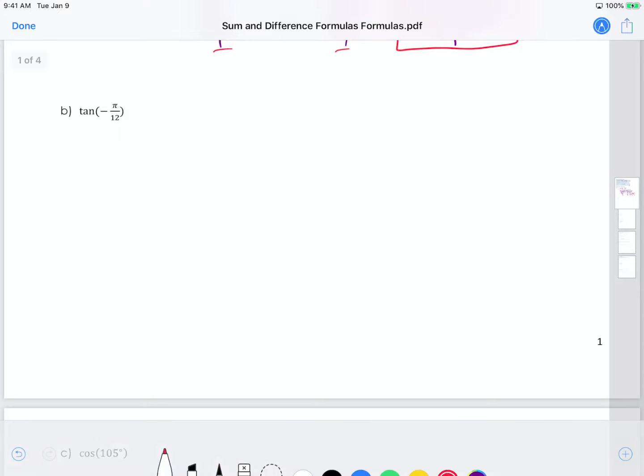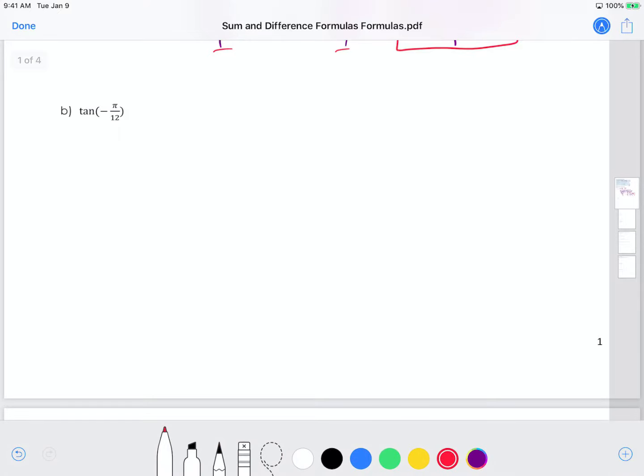If I scroll down to example B, I am going to rewrite tangent of negative pi over 12 as pi over 4 minus pi over 3. And I made sure that I used angles that I had on my unit circle.